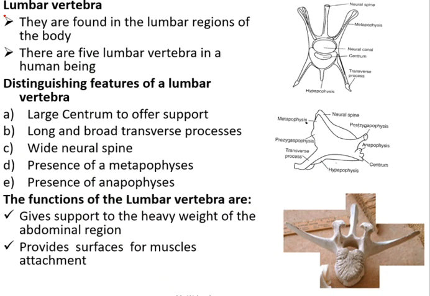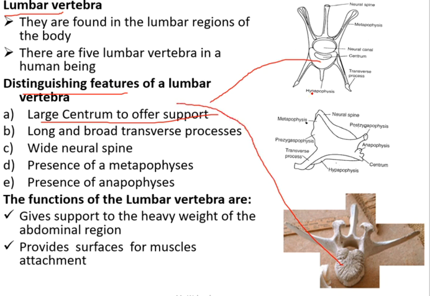Let's look at the lumbar vertebrae, and they are found in the lumbar region of the body. There are 5 in number in human beings. The distinguishing features: number 1, large centrum to offer support, and this is the large centrum we are seeing. Also, you can use this diagram. This is the large centrum to provide support and also to protect the spinal cord from damage.